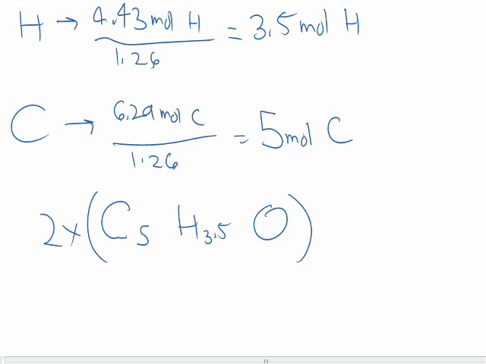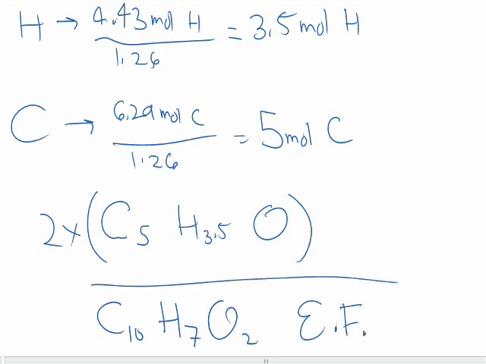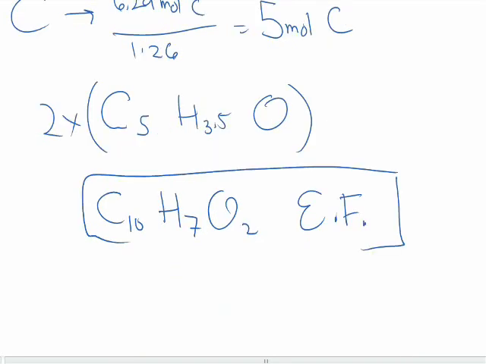So we get C10H7O2. Now this is the empirical formula, C10H7O2. And we're not done yet. We just figured out the empirical formula, but now we have to continue figuring out the molecular formula.